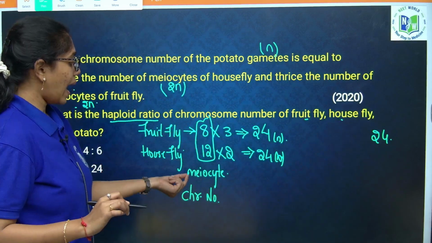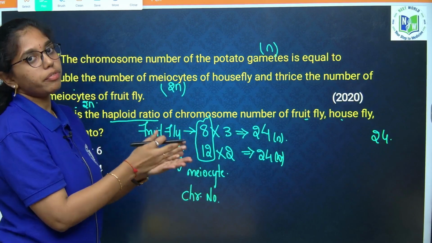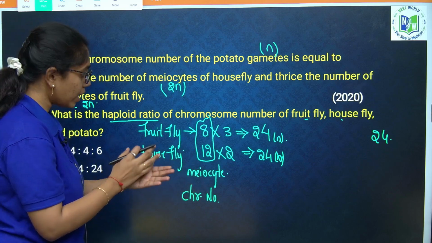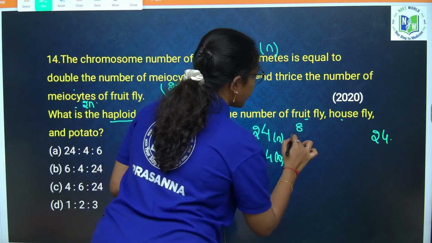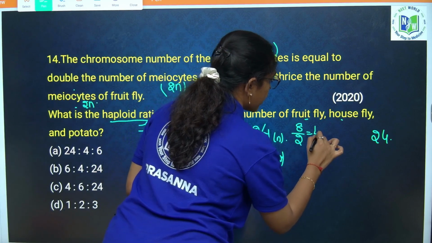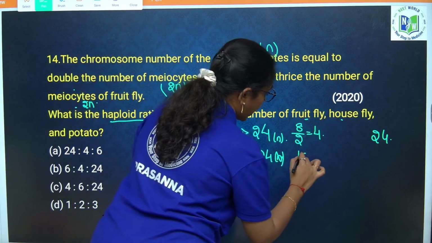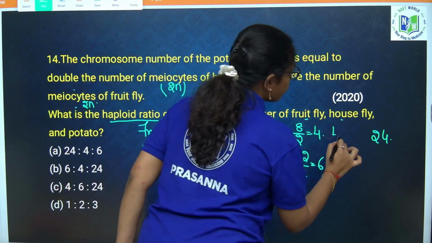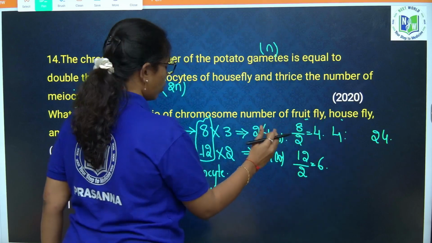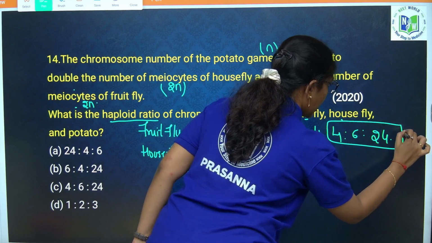Haploid means half the set of chromosomes of the diploid number, right? Half the set of chromosome number of fruit fly, 8 by 2, is 4. Half the set of 12, 12 by 2, is 6. So 4 is to 6 is to 24 is the answer.